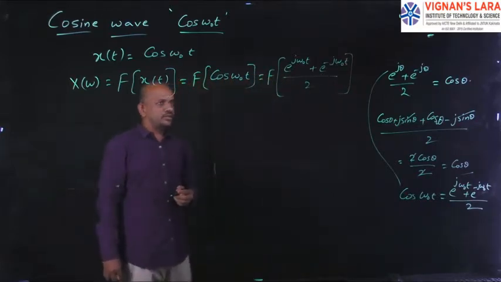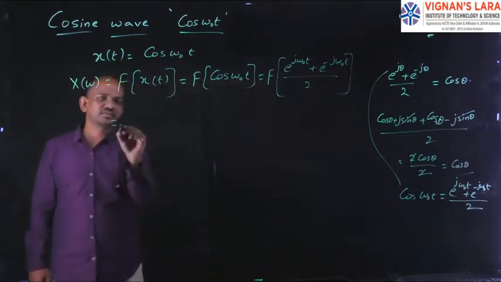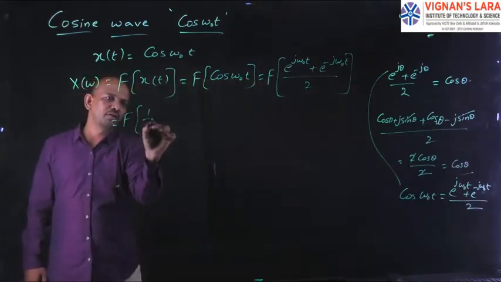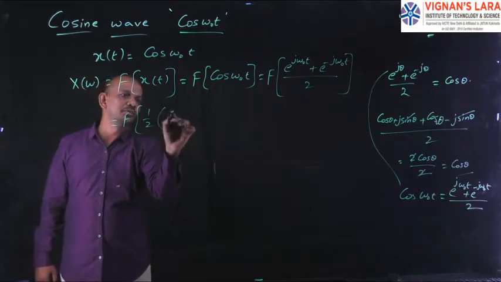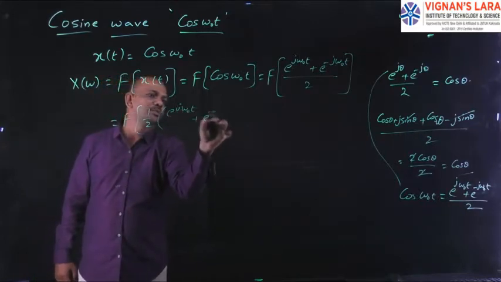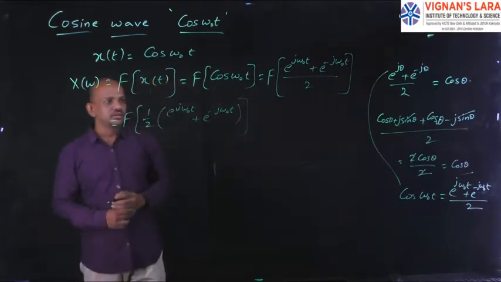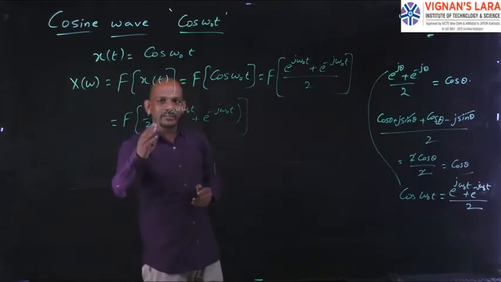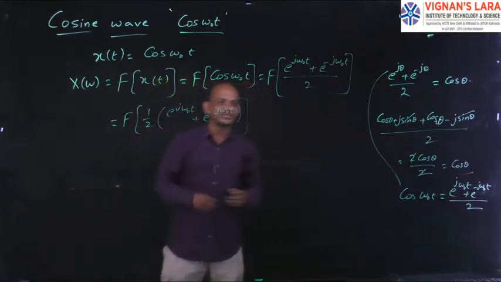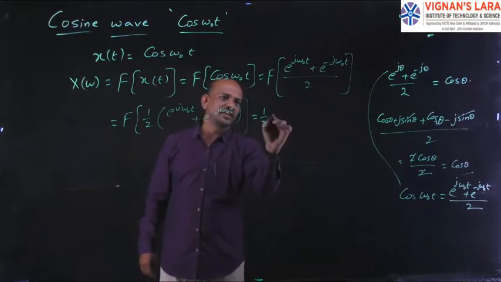Finally I get this as the Fourier transform of 1 by 2 into e power j omega naught t plus e power minus j omega naught t. Here I can also take 1 by 2 outside because it is a constant.